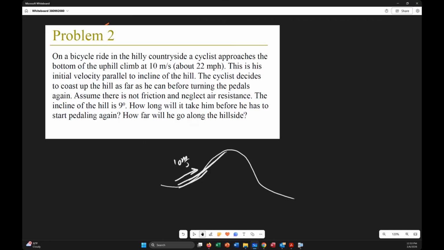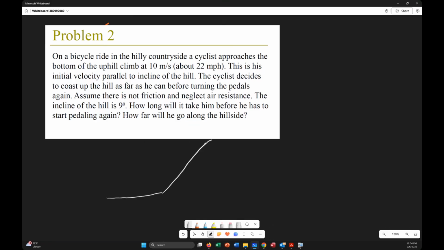And what is the angle? It's telling the cyclist decides to coast up the hill as far as he can before turning the pedal again. It means that he should go until about to stop, yes? Then he decides to pedal again. Theta is 9 degrees, and the velocity of the bike is 10 meters per second.